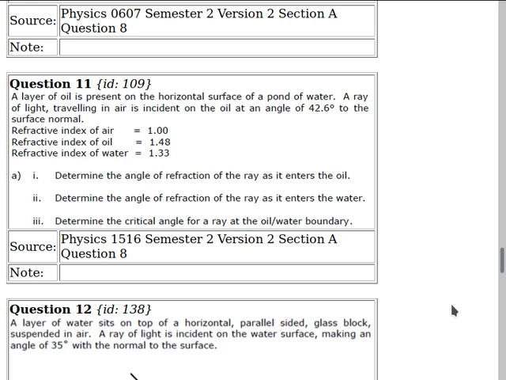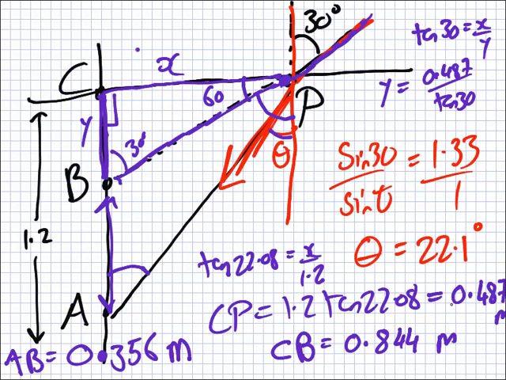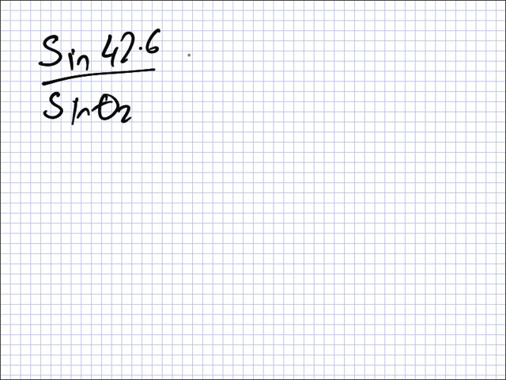Alright, you got it finished? Yeah. We're going air, oil, water, isn't it? And the oil, so it starts off with 42.6, with index 1.48. Sine 42.6 over sine theta 2 equals 1.48. Okay, so that's easy. You get theta 2, don't you?